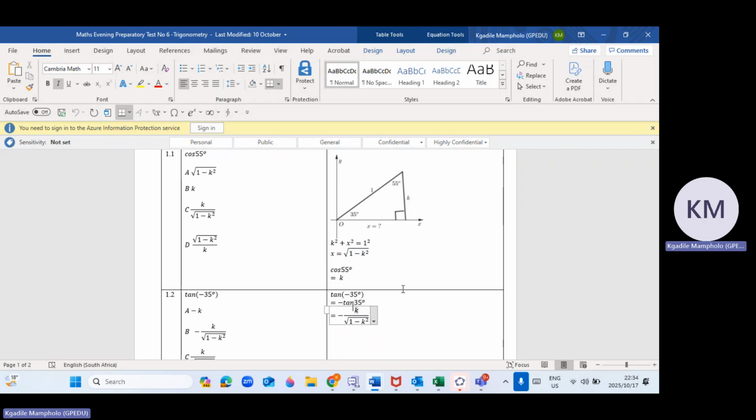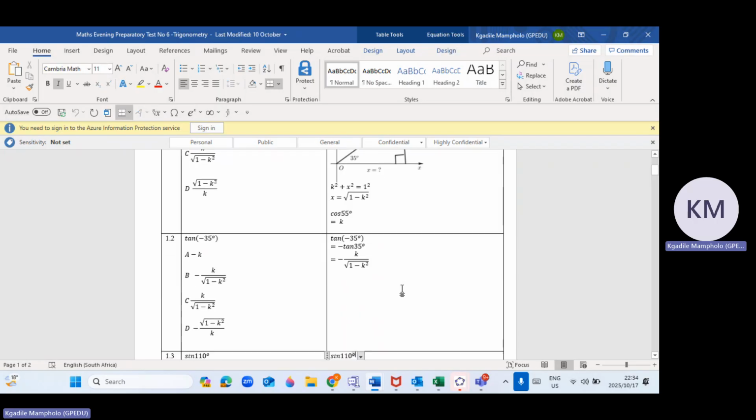So your answer will be minus k over root 1 minus k squared.